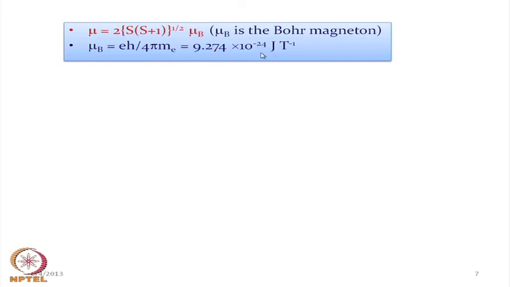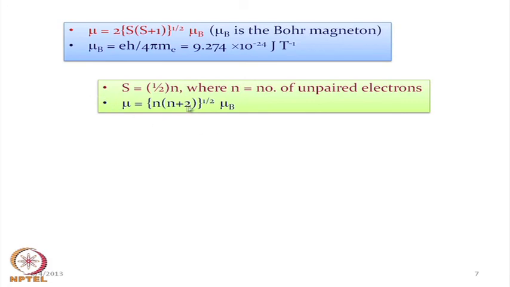So, this mu B term allows us to calculate the number of unpaired electrons.